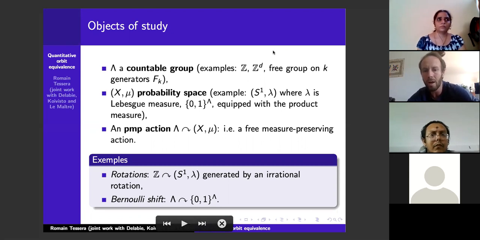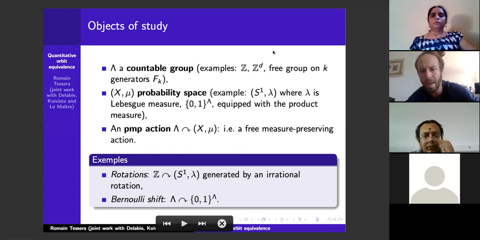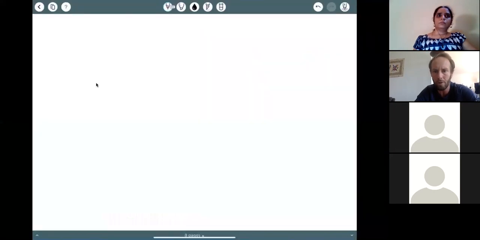And finally, the central object will be what we call a probability measure preserving action. So we abbreviate it by PMP. And we are going to assume that these actions are free. By free, I mean the following.